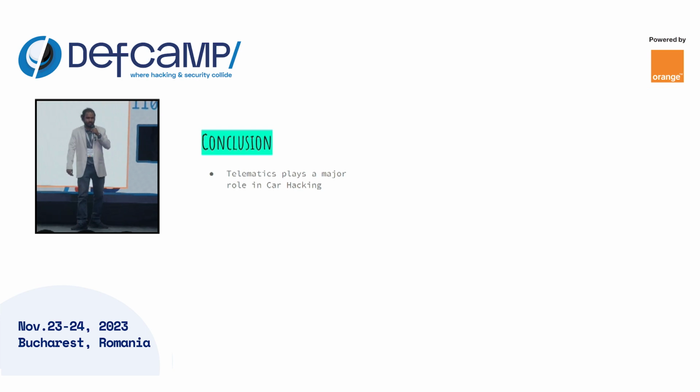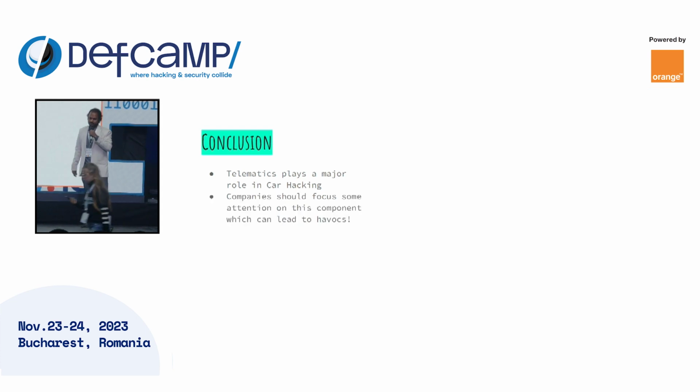We have talked about the radio side, the GPS side, and the hardware side. So telematics plays a major and important role in the world of car hacking. Companies should be focusing more on telematics control unit attacks as well, because that is an issue. Even in the previous talks, Yashin sir also discussed the same thing.